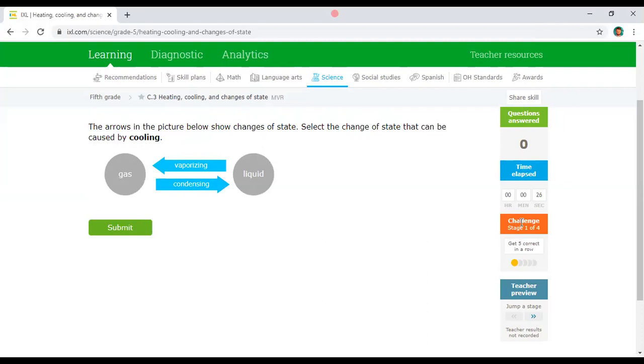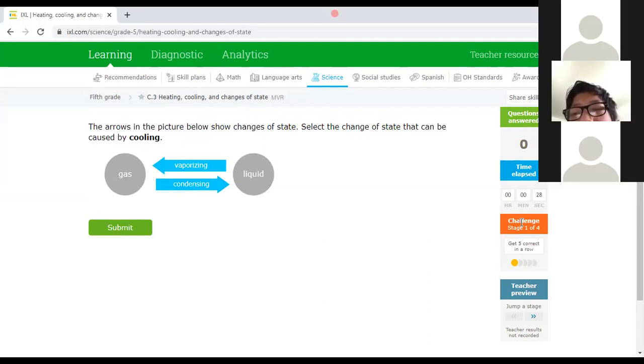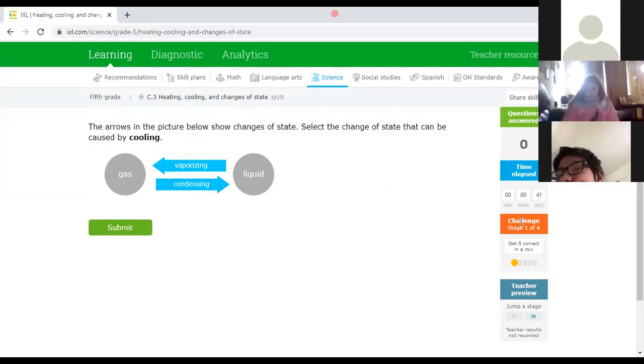The gas might be cooling. I can't click the gas, so which arrow?